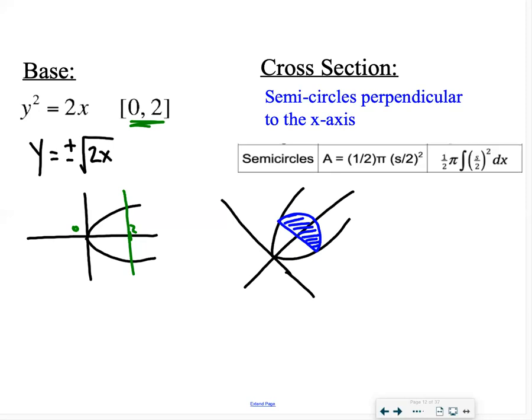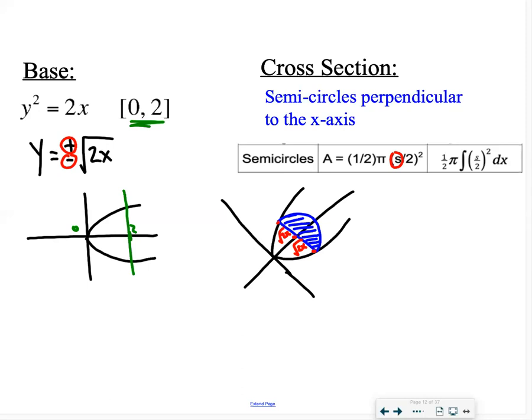The S is basically my radius. From here to here is positive square root of 2x. From here to here is also square root of 2x in the other direction. That's why this says positive or negative square root of 2x. This is the positive part, this is the negative part.